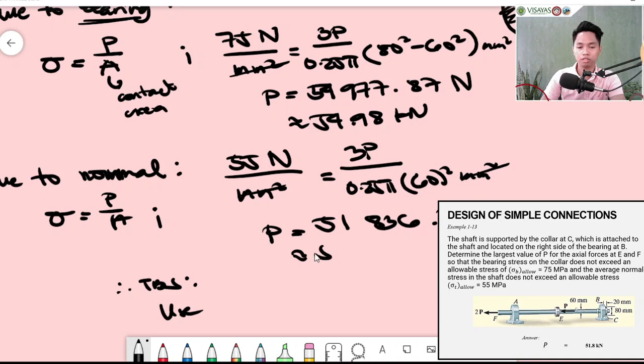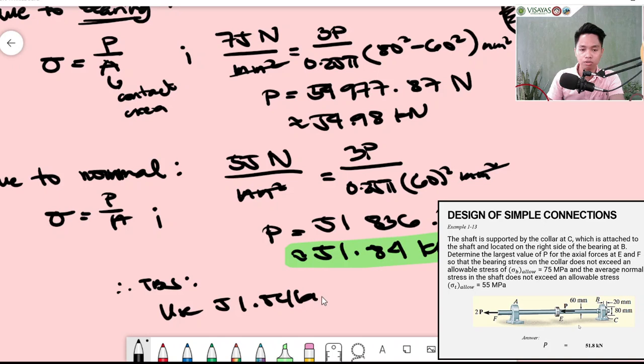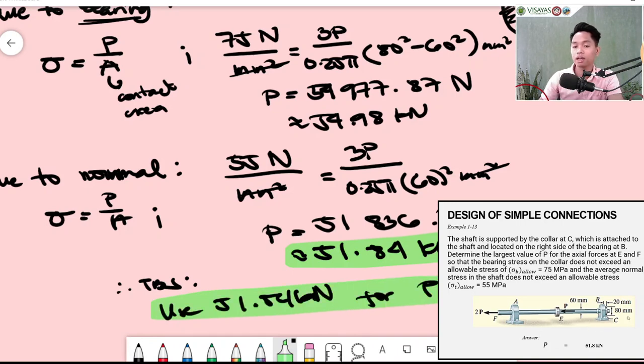So this would be approximately equal to 51.84 kilonewton. And again, use the least value of your force in the design. So the more the force, the lesser we use. So therefore use 51.84 kilonewton for P. And this would be our answer. So it is right. 3P is still what is used for your normal.